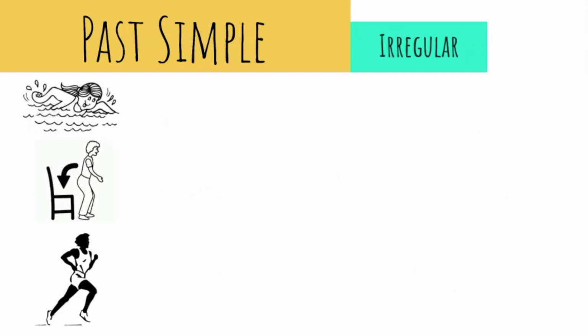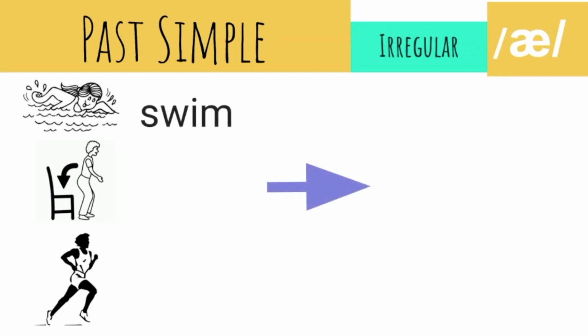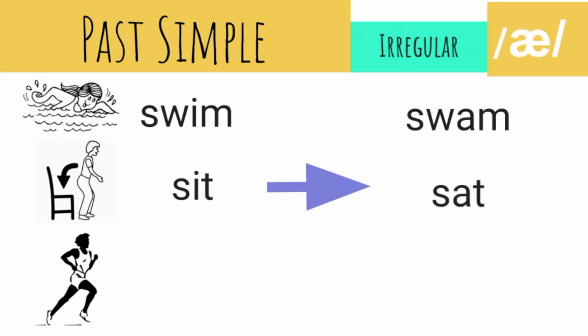This group of irregular verbs use the A sound, the short A. Swim, swam, sit, sat, run, ran.